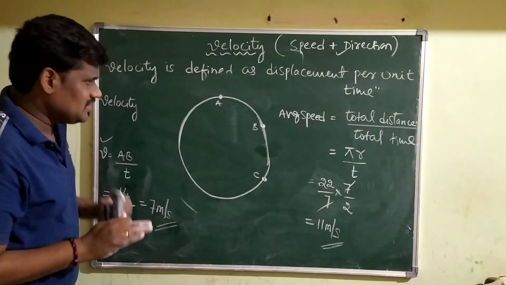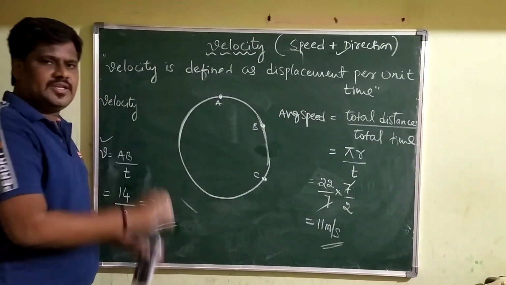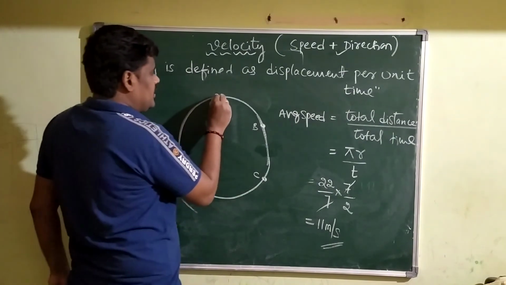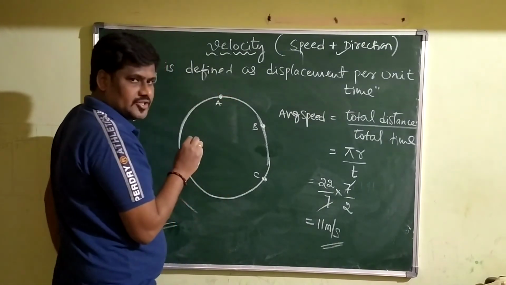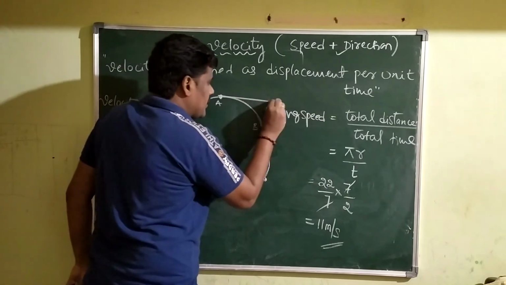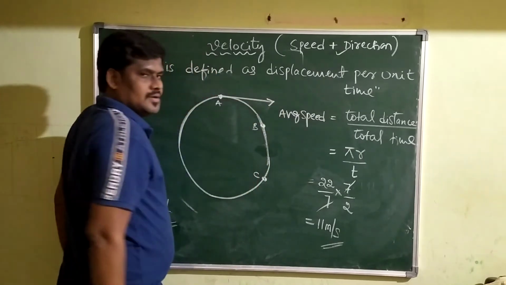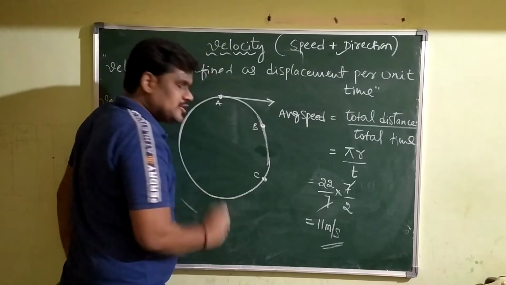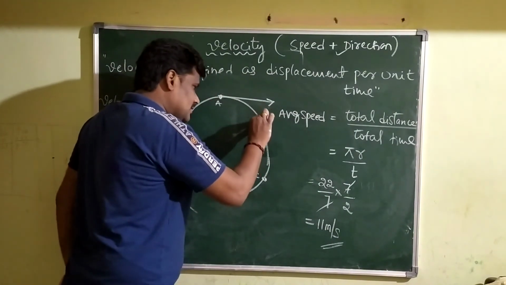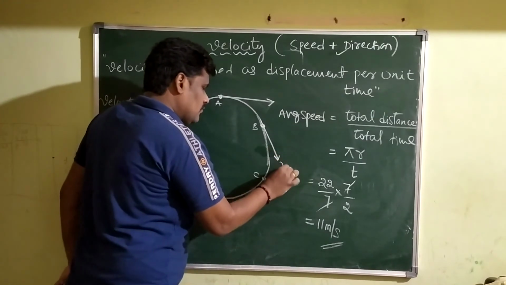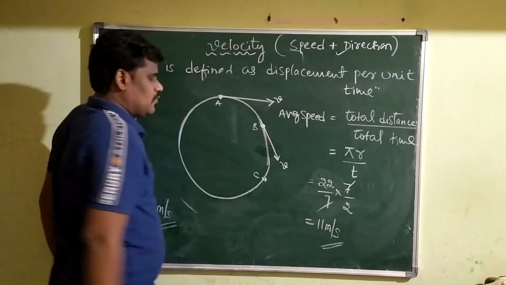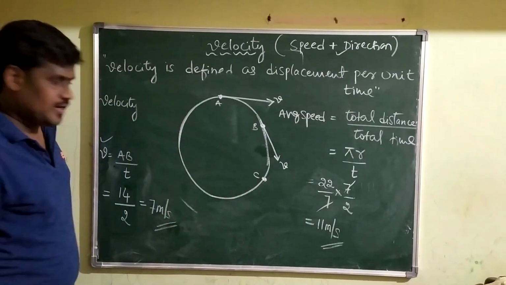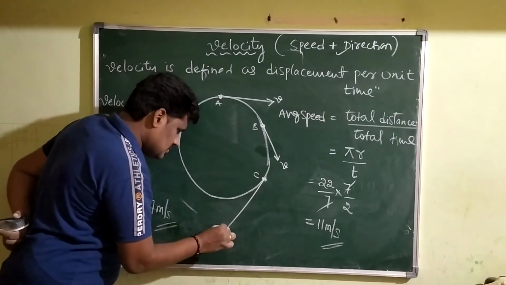If I ask what is the direction of velocity of a body, the direction of velocity of a body is always along the tangential direction. Draw a tangent at this point. This is the direction of velocity. If you want to know the velocity at this point, draw the tangent there. This is the direction of what? Velocity. If you want to know the velocity at another point, draw one more tangent.